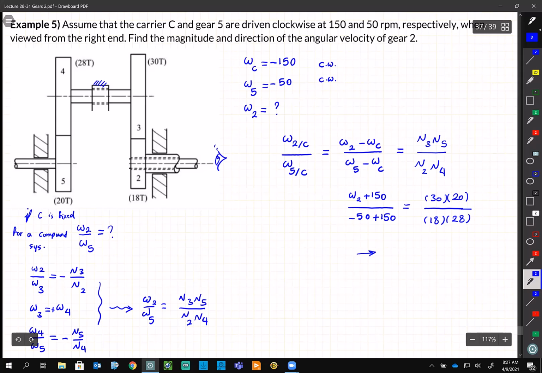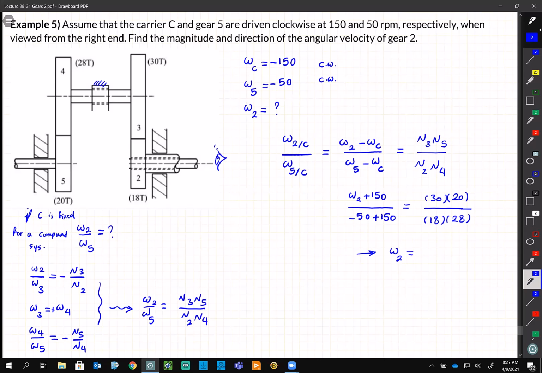So from here, we will find omega 2. Let's just quickly find it and see what the sum is. I'll get my calculator, and you guys please do the same, making sure that I didn't make a mistake. So 20 multiplied by 30 divided by 18 divided by 28.